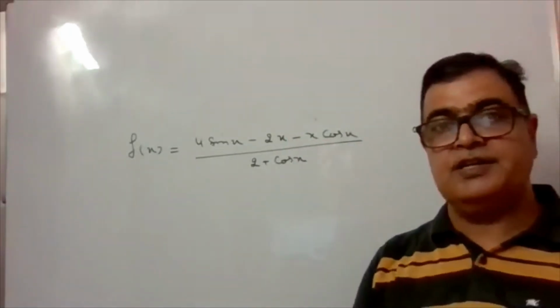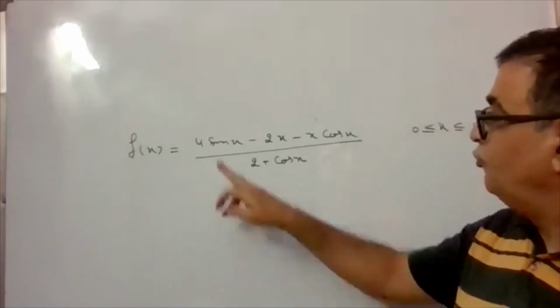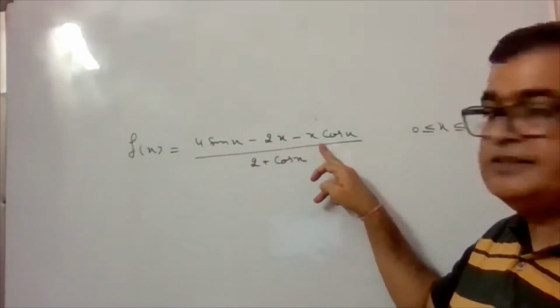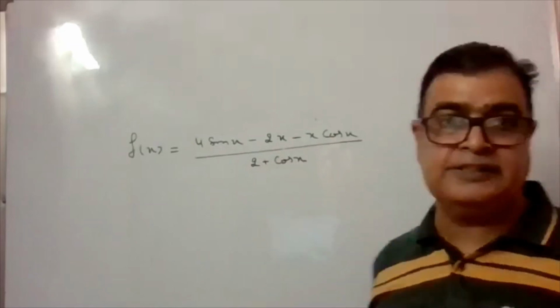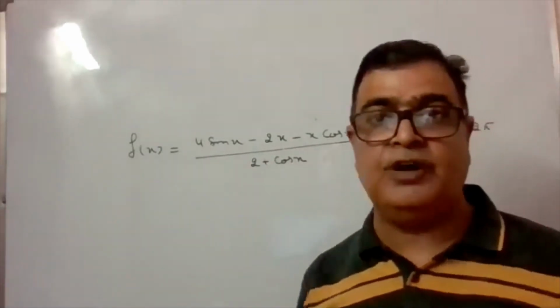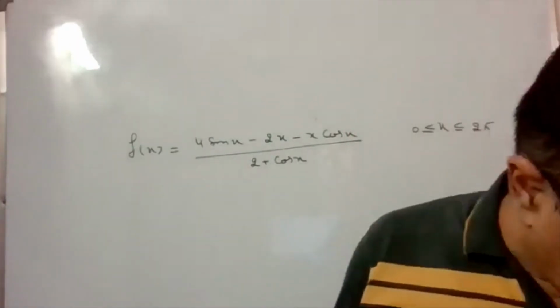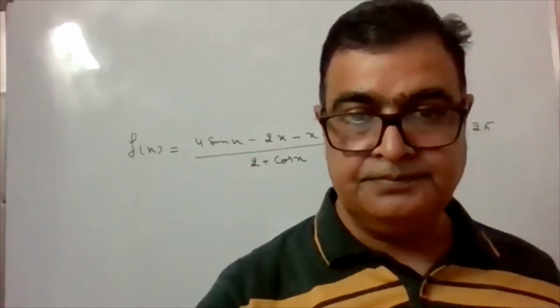Find the interval where this function is increasing, where this function is decreasing. This is the function we have, and the interval is 0 to 2 pi. Find out where this function is increasing, where this function is decreasing. Please try it.